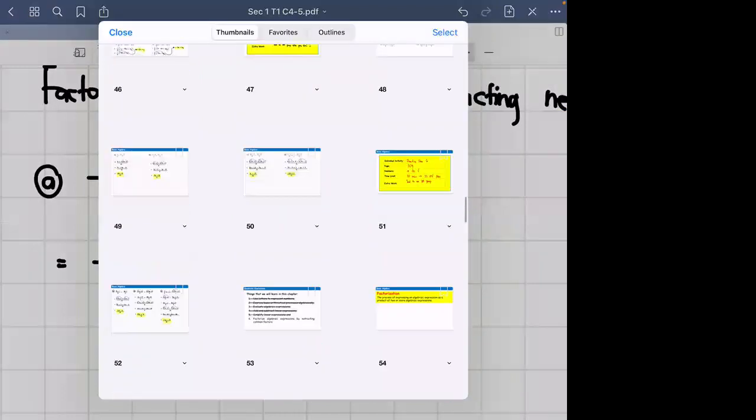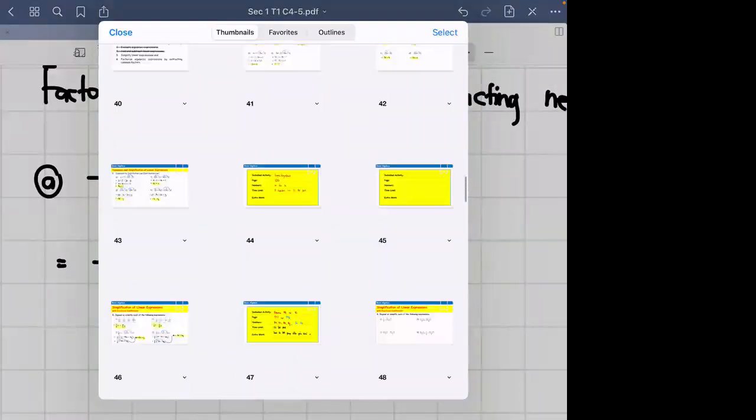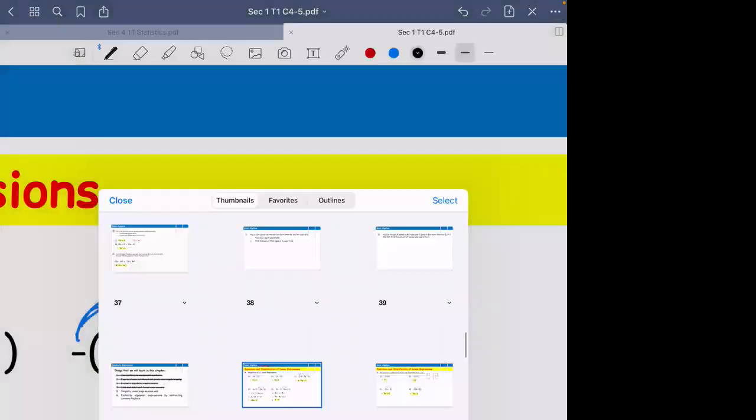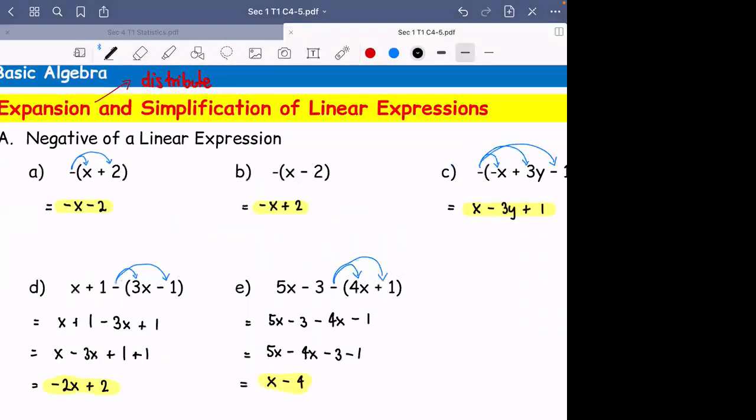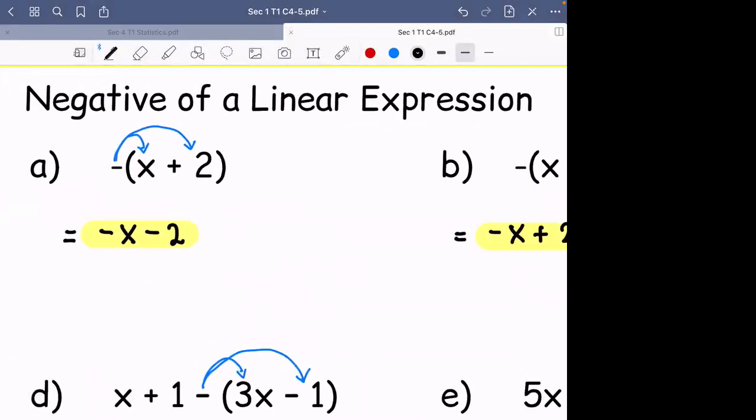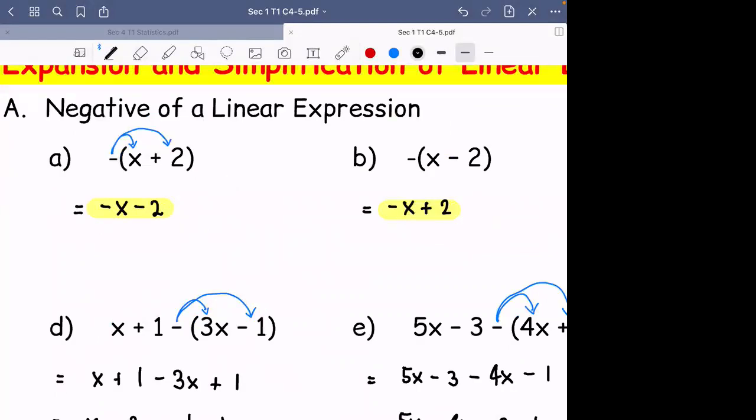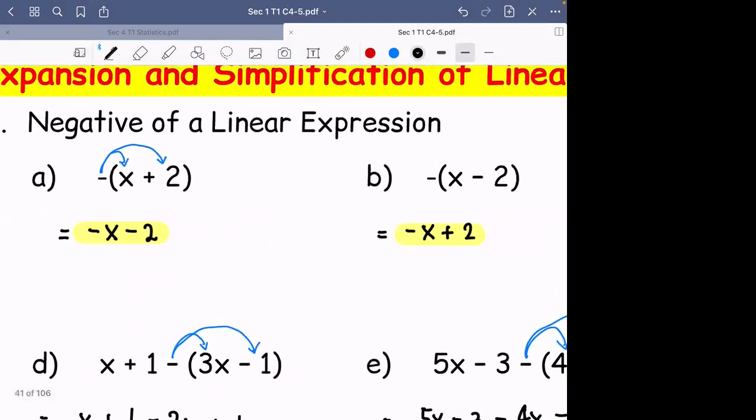It's in the beginning, right? You remember this question, Sec 1? When we have this negative sign, it becomes negative x and minus 2, right? So when we distribute, this is the total opposite of what we're going to learn now.